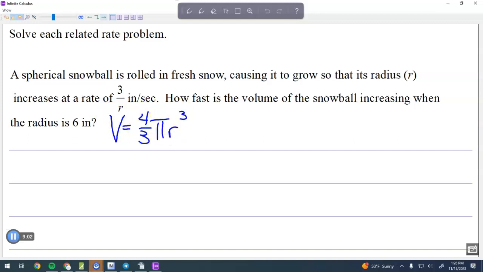So I've got a sphere, and it tells me volume. So I need the formula for the volume of a sphere, and that's it. Is it okay if I say try it, or should I just keep going? Try it, okay. Take the derivative, and whenever you take the derivative of anything, multiply by d of that thing over dt.